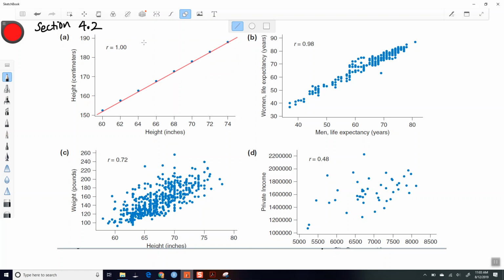No scatter, perfect straight line. No scatter, positive relationship, okay? And so here we've got a little bit of scatter, okay? So just a little scatter.